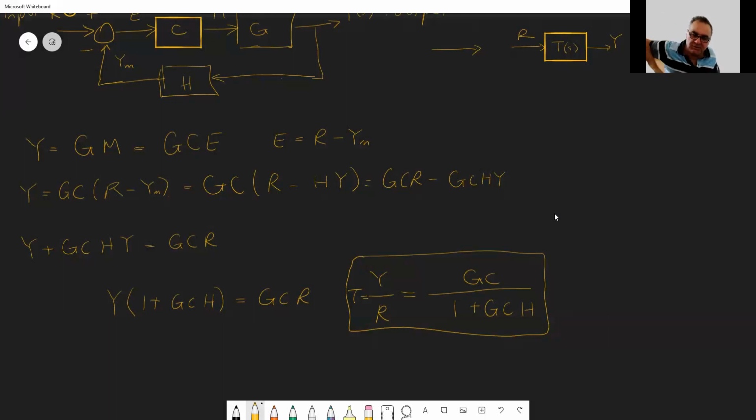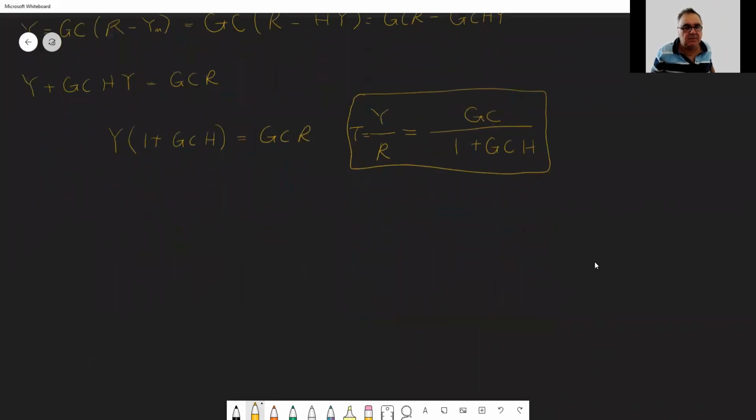The closed loop system has different poles and zeros than the open loop one. So let me write this. G is the open loop system. T is the closed loop system.